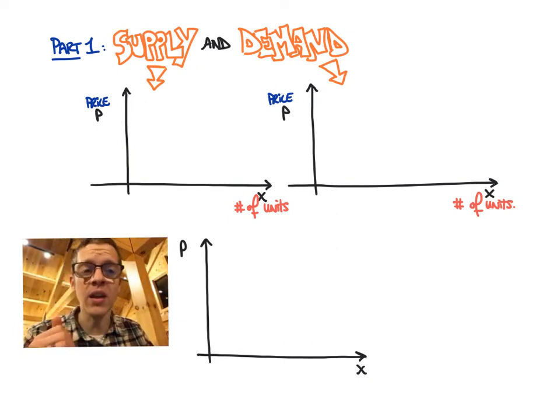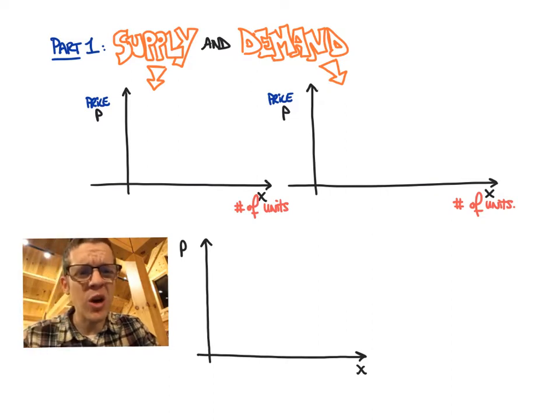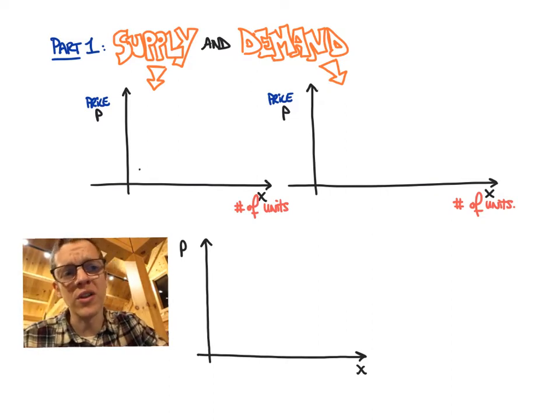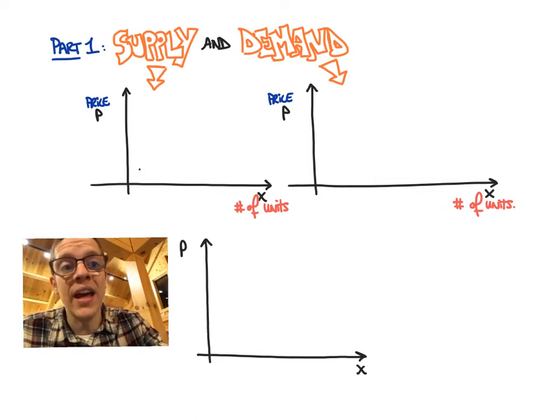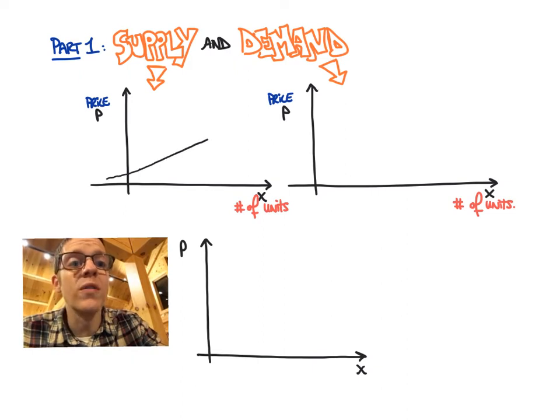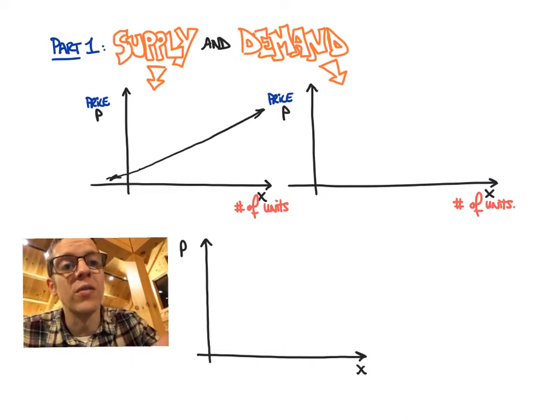If the price is really low, the company generally doesn't want to sell too many products, so you're going to have a low point here. But if it's at a high price, ideally they would like to sell a ton of them. So the curve, it's a line, would have an upward slope like this, the supply curve. Obviously it won't go into the negatives there, but it'll have an upward slope.